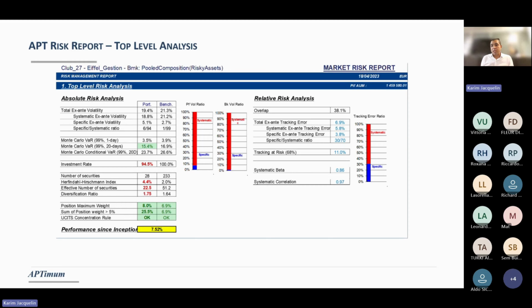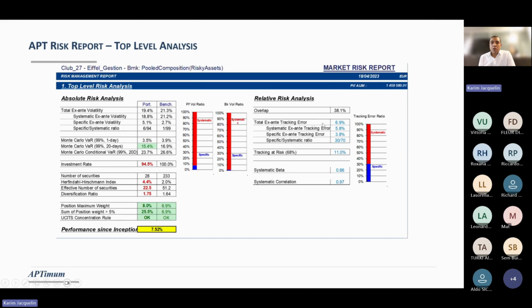If your overlap is 0%, it means that the securities in your portfolio are all different from the securities in the benchmark. In this case, we have an overlap of 38%, meaning that we have an active share of 62%. So 62% of the portfolio is not in the benchmark, or the weights are different. So this is a good indicator of your relative risk.